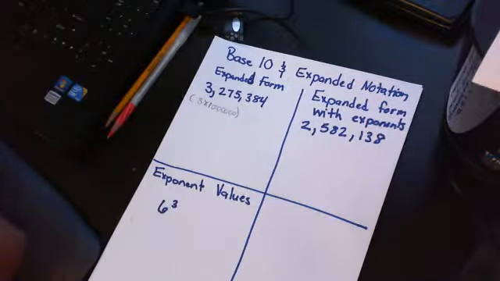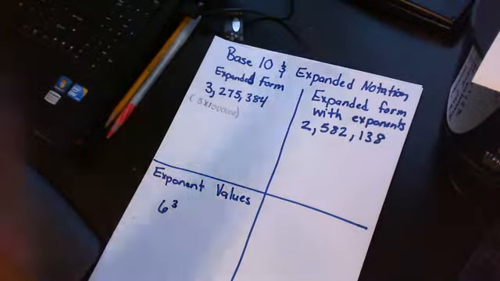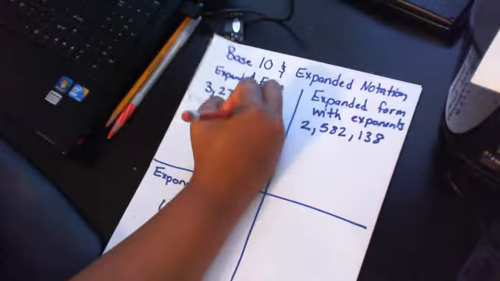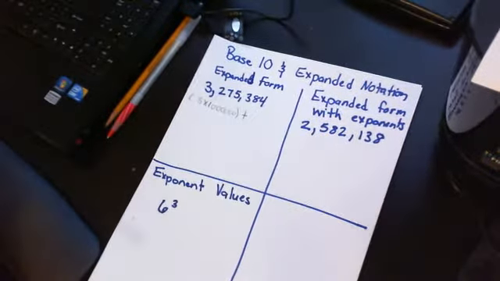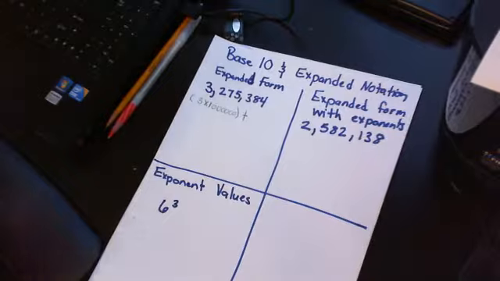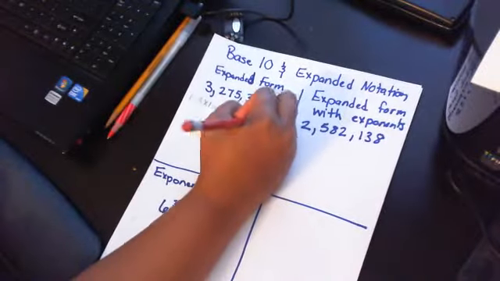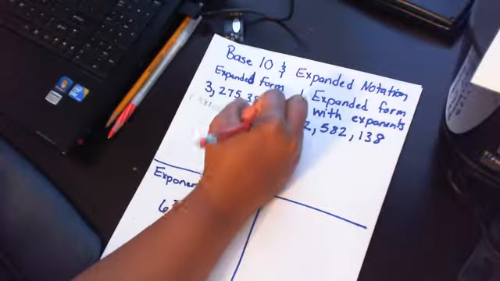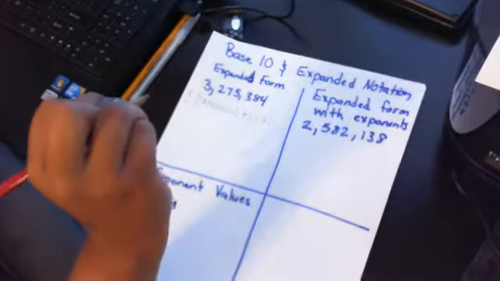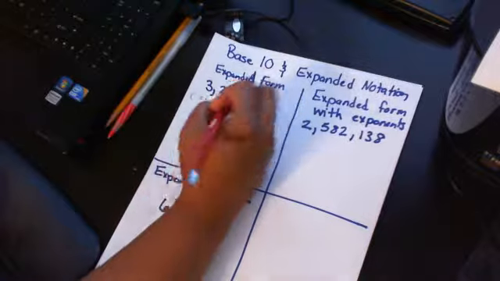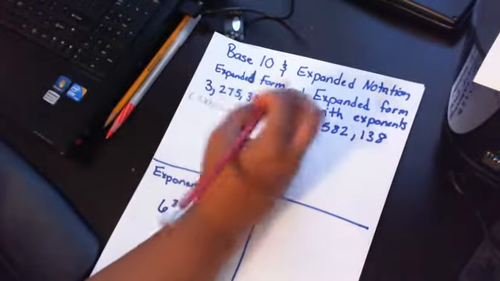Now we do the same exact thing for our 275,000. We keep going. We put a plus, because we're combining these numbers together. And we're going to do parentheses 2 times 1, and then count the number of zeros behind it. 1, 2, 3, 4, 5.